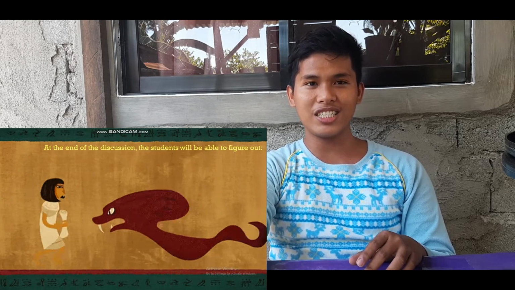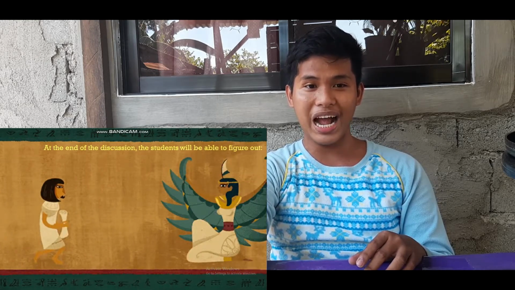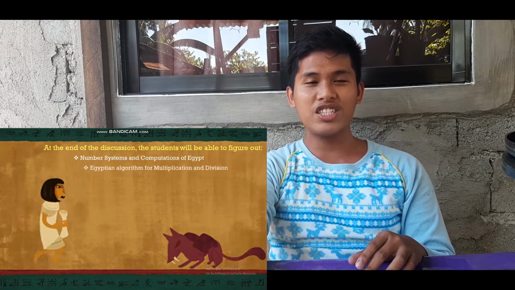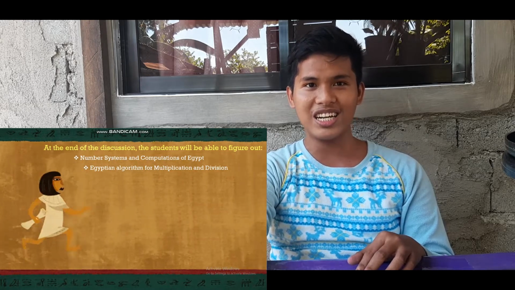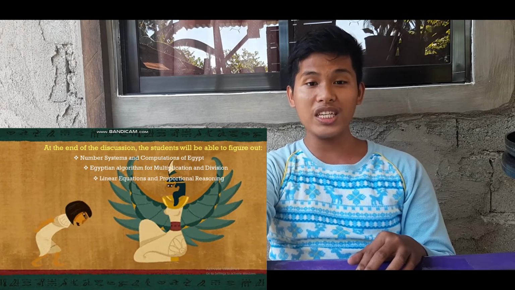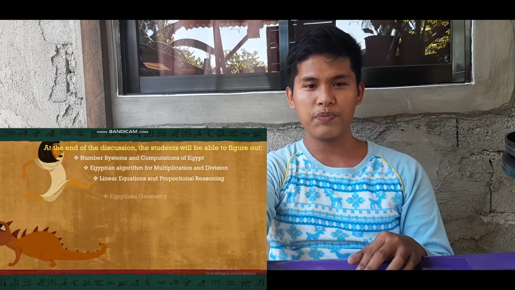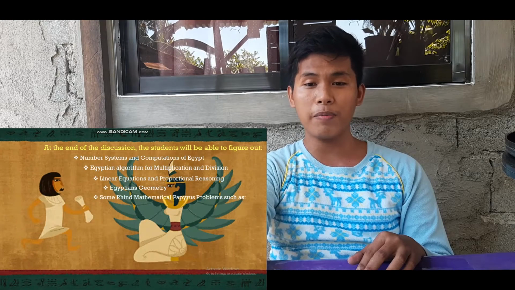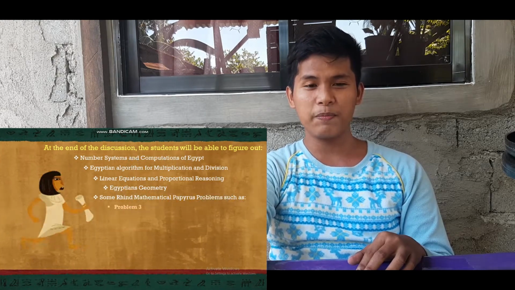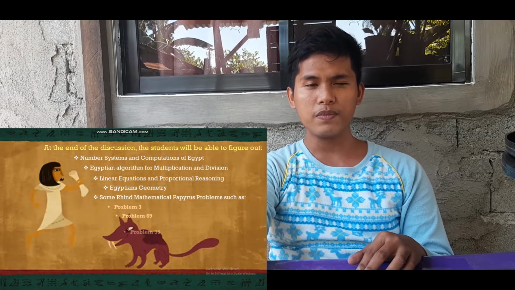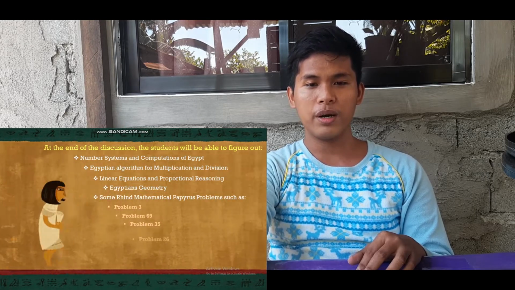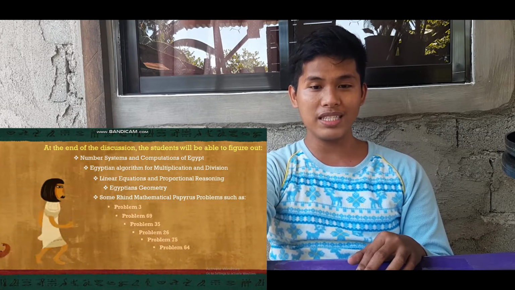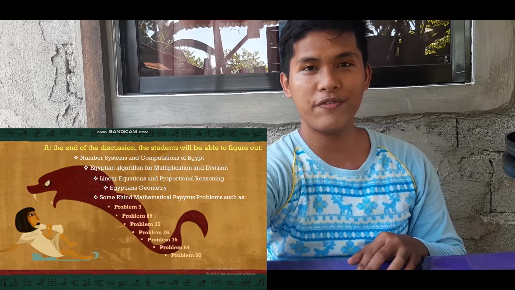At the end of the discussion, the students will be able to figure out first, number systems and computations of Egypt, Egyptian algorithms for multiplication and division, linear equations and proportional reasoning, Egyptian geometry, and some Rhind Mathematical Papyrus problems such as problem 3, problem 69, problem 35, problem 26, problem 75, problem 64, and problem 50.